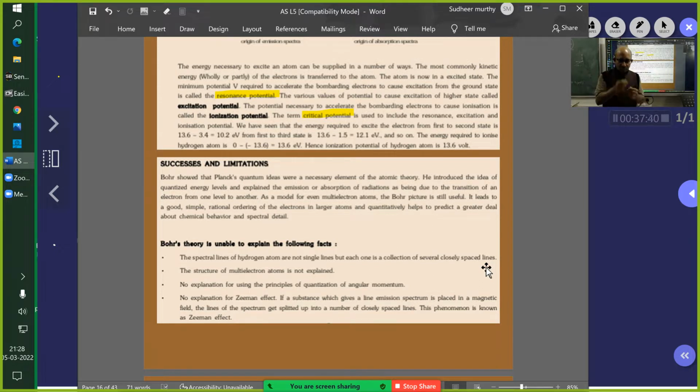But if you come very close, you see the thread itself is made of many threads. Like that, those spectral lines, Lyman, Balmer, all those spectral lines, if you subject them to an external magnetic field, you will start seeing that each line consists of many closely spaced lines.